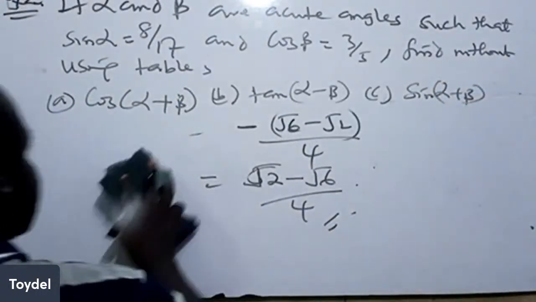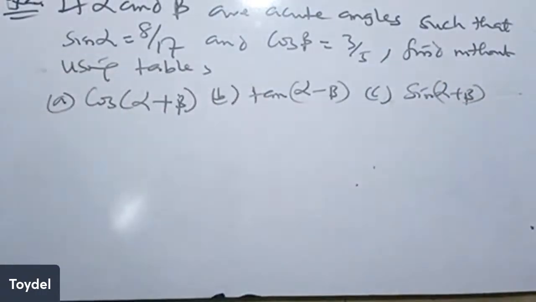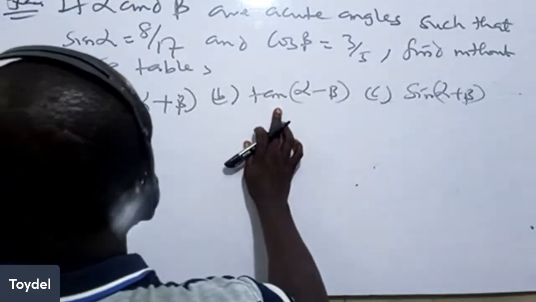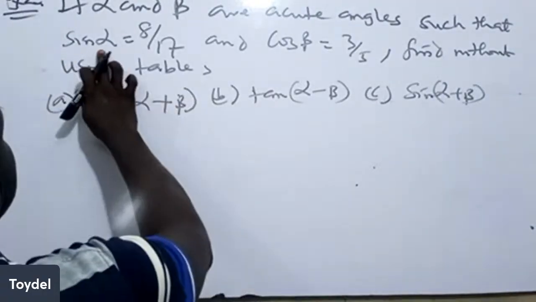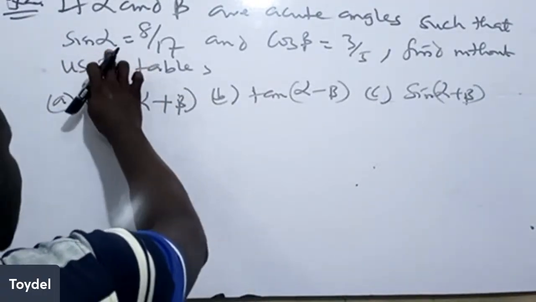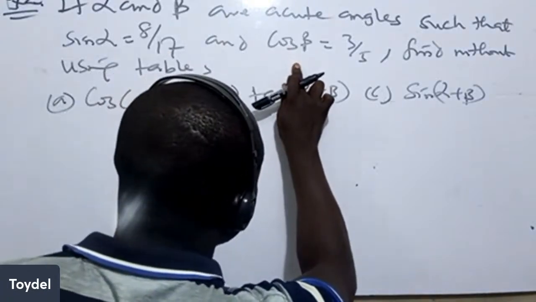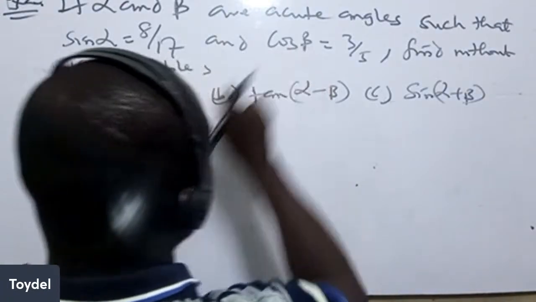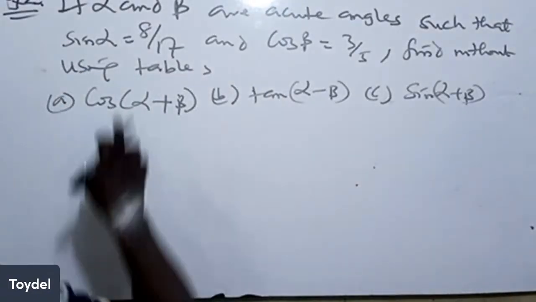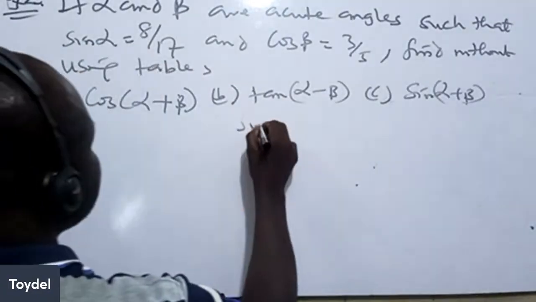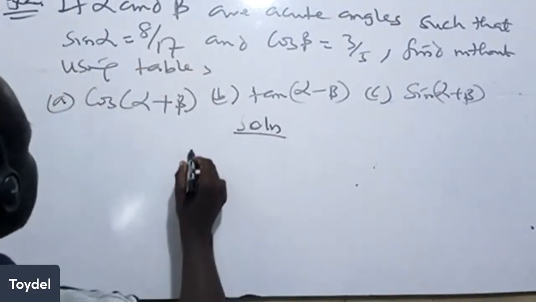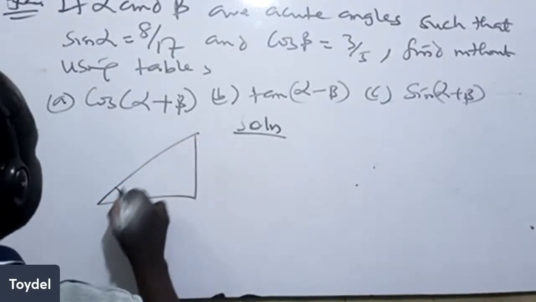Of course, since we have tan here, there's need for us to find cos alpha, tan alpha, and tan beta also. So when we look at this first one, solution, let me just sketch the triangle and call this place alpha.